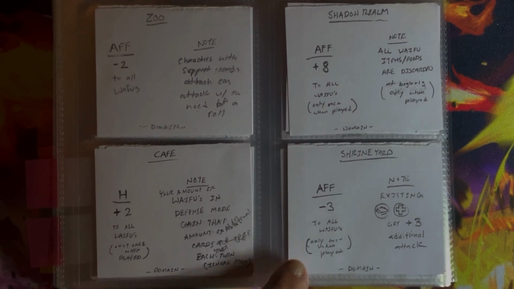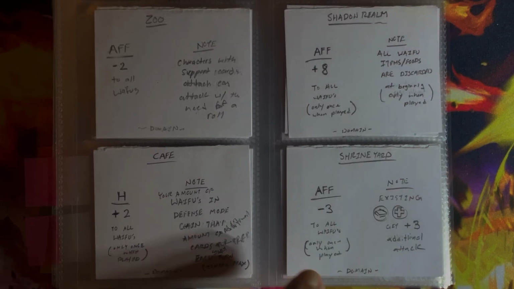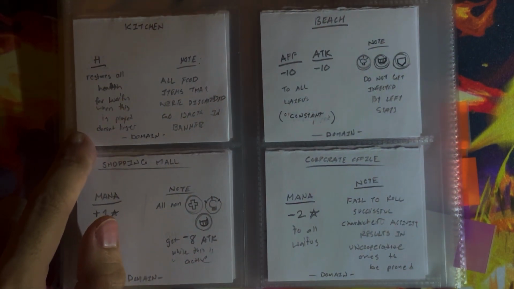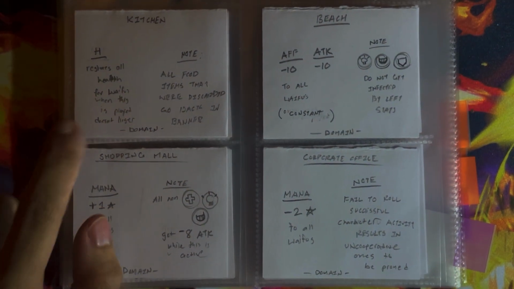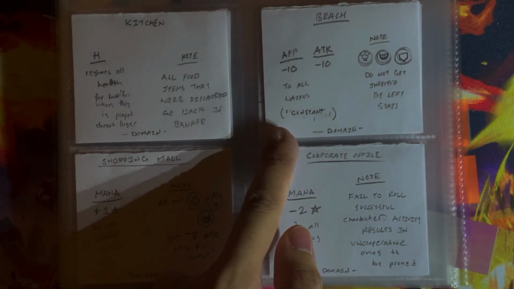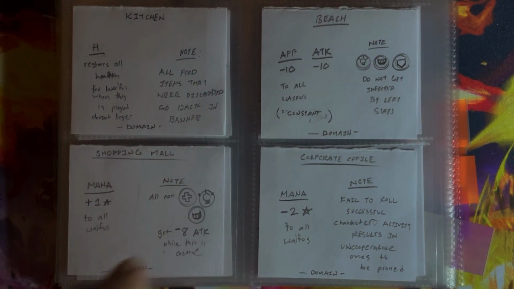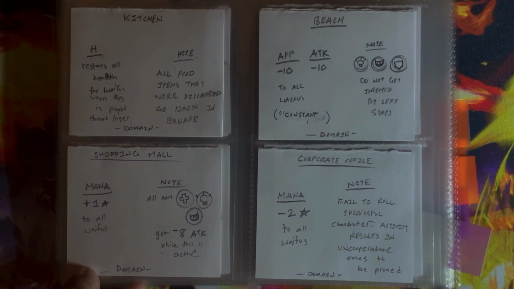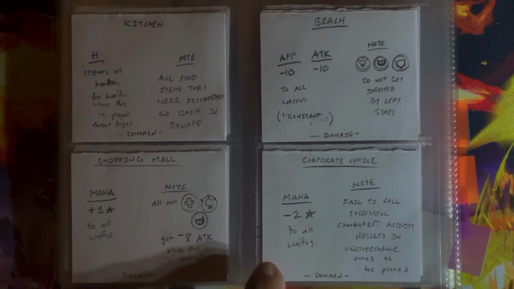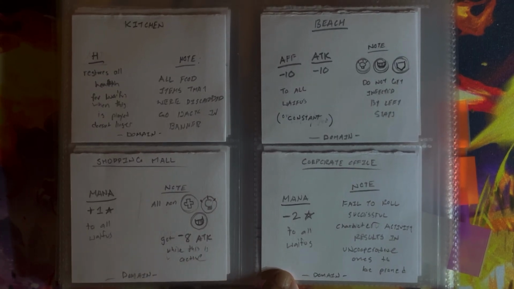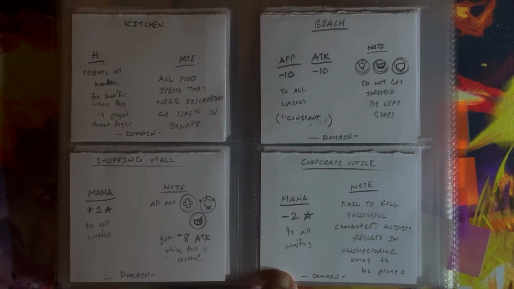And the shrine yard, obviously, you visit the shrine. You have a kitchen, a lot of kitchen episodes. And then the beach episode. Shopping mall, going for a shopping spree with your waifus. And then a corporate office, because capitalism.